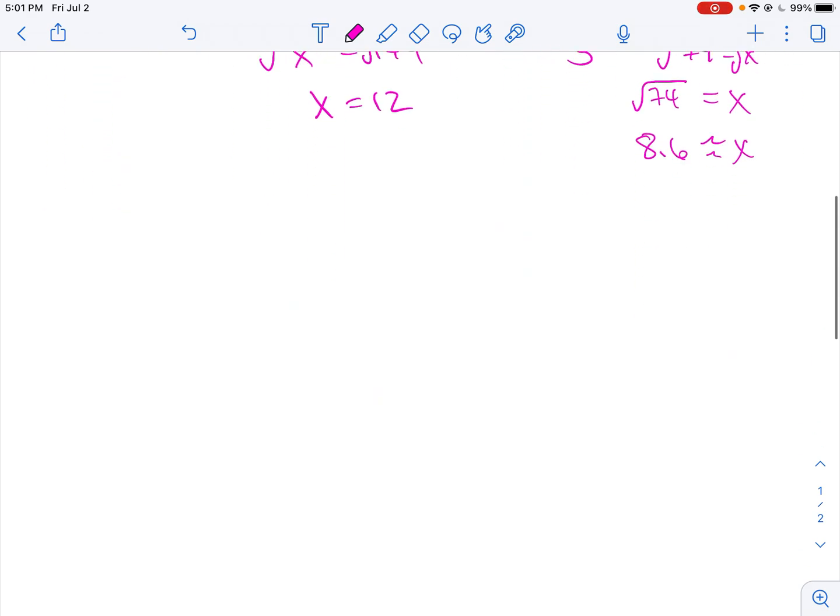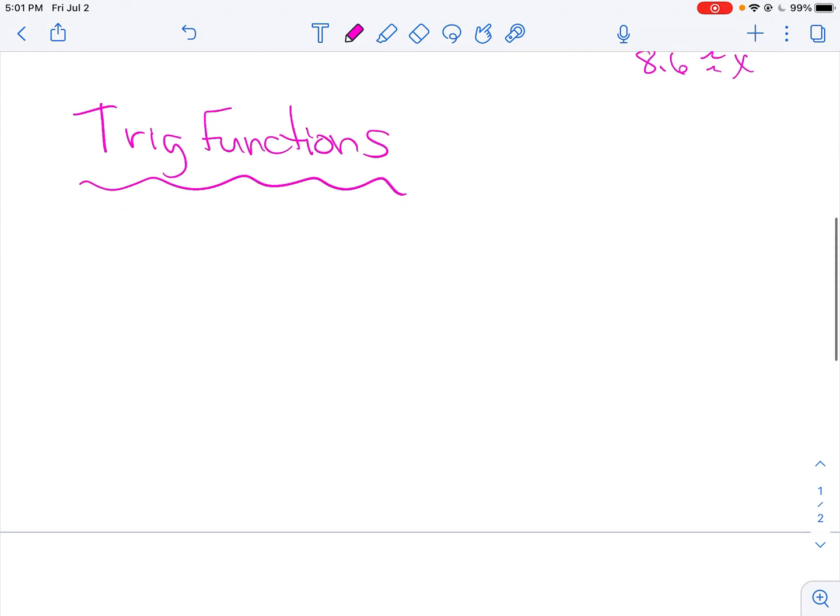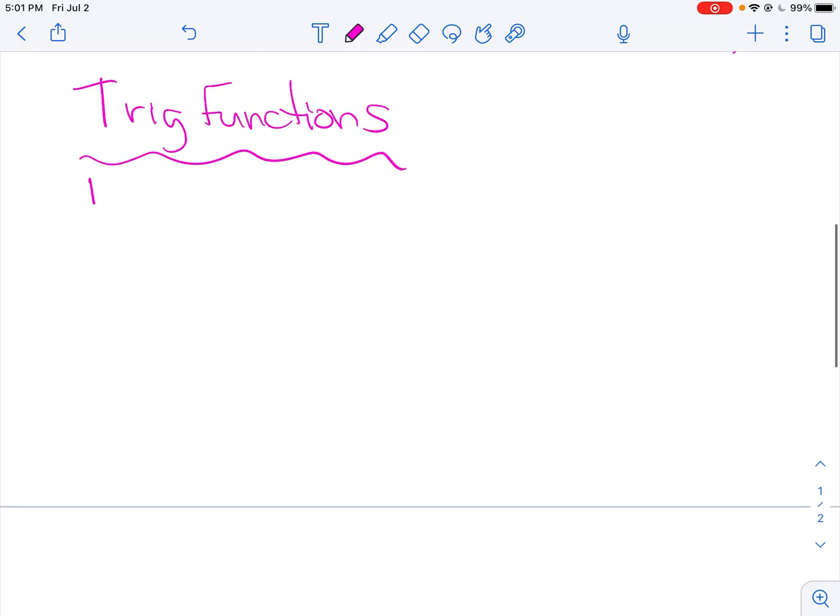Okay, the other thing that we talked about was your trig functions. Okay, we talked about trig functions. When we talked about the trig functions, it deals with not just the sides, but also the angles.